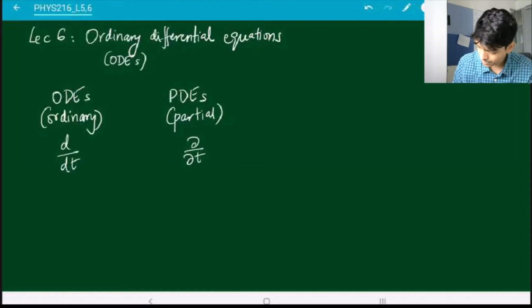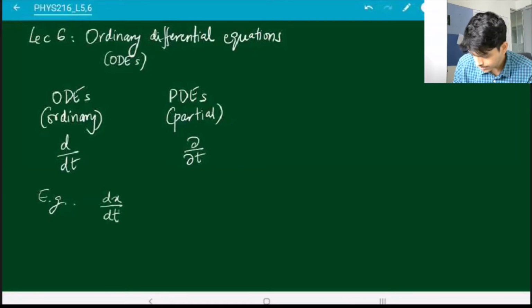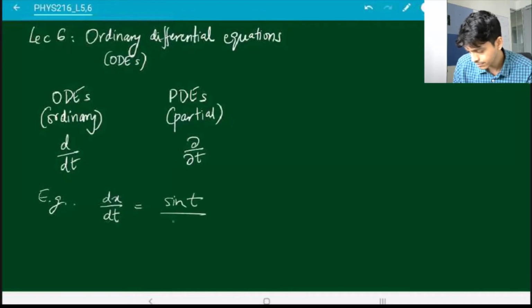So what's an example of an ODE? You might have something like dx by dt is equal to, I don't know, sine t divided by x squared, or something like this. Now this kind of equation is easy to solve because this is what is called a separable equation.